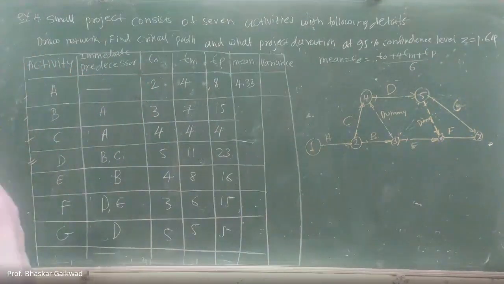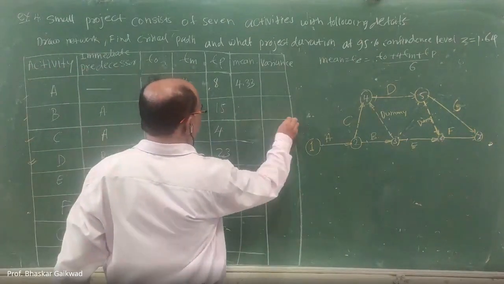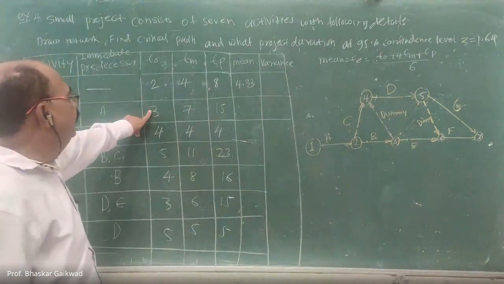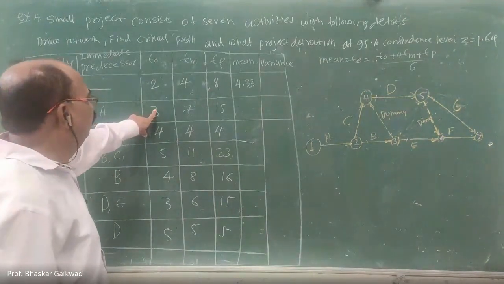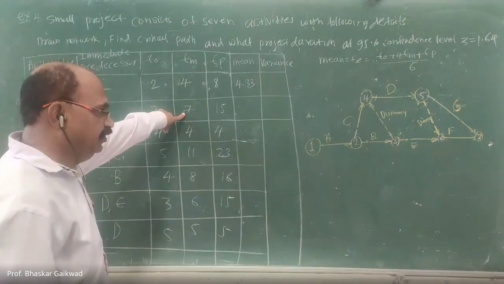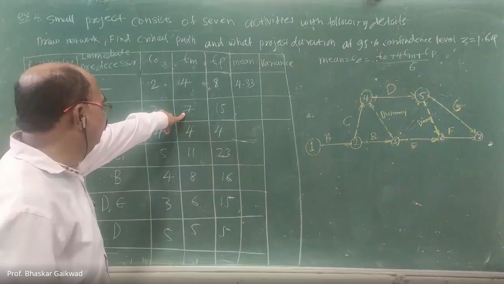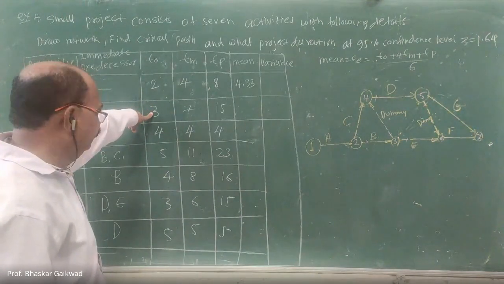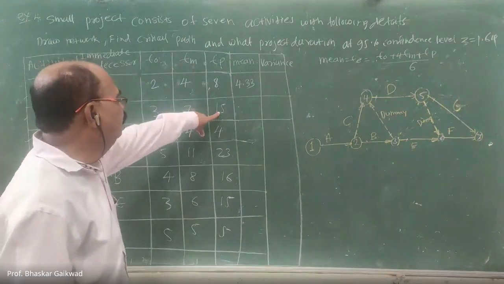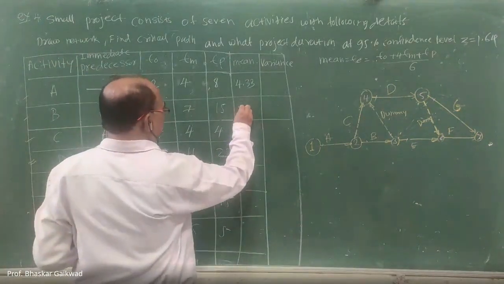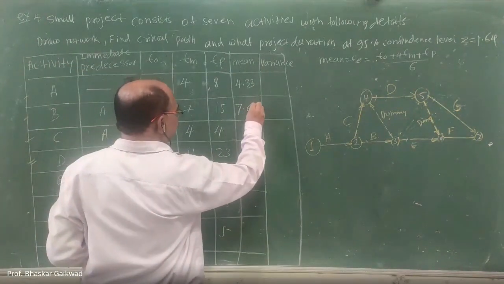After this, you come to activity B. Here it is 3 plus 4 into 7. So 4 into 7, 28. 28 plus 3, 31. 31 plus 15 divided by 6. How much here? 7.67.